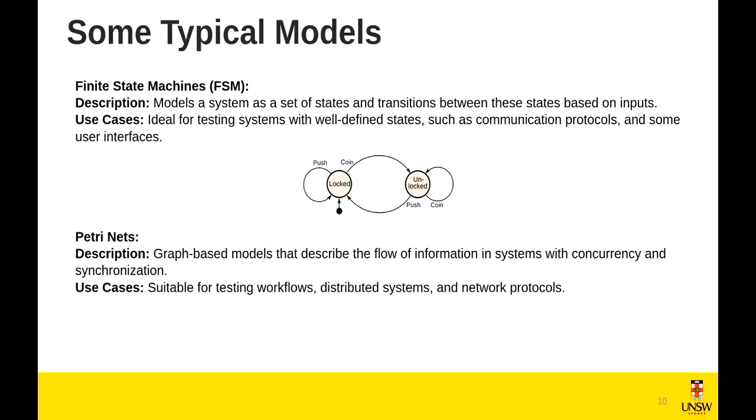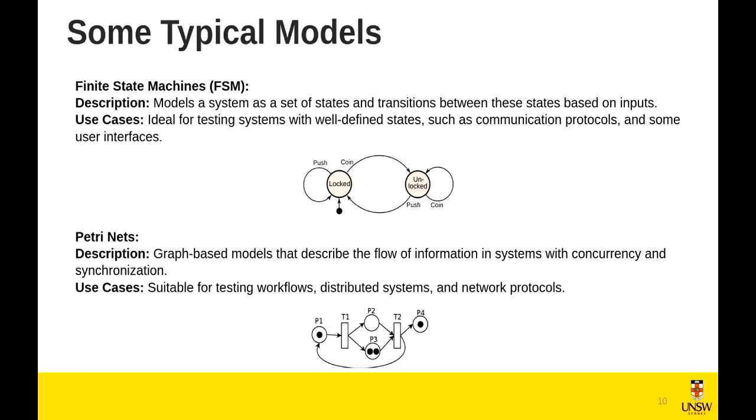And another graph-based model is called Petri-net. This is named after the computer scientist who proposed this type of graph. It is also a graph-based model that is similar to state machines, but more complicated.